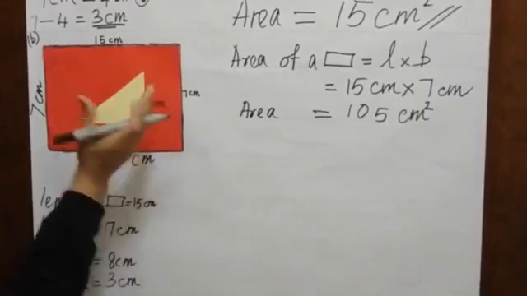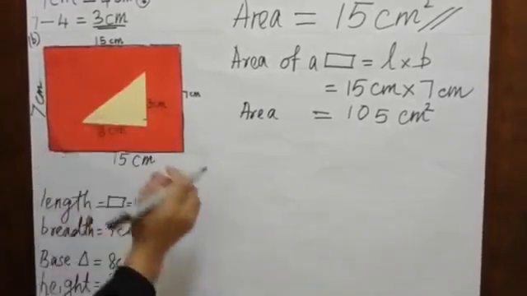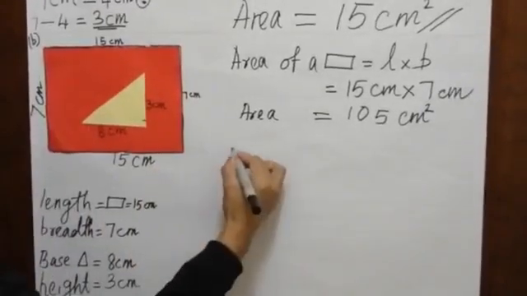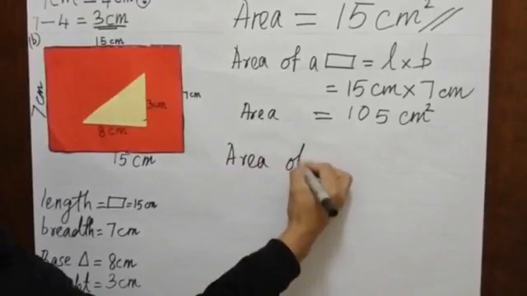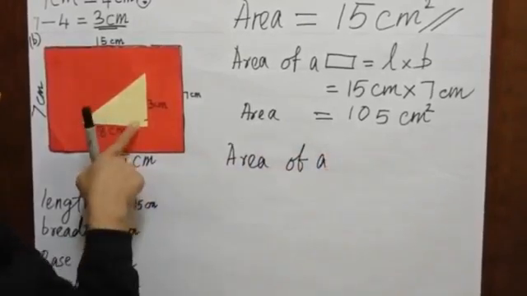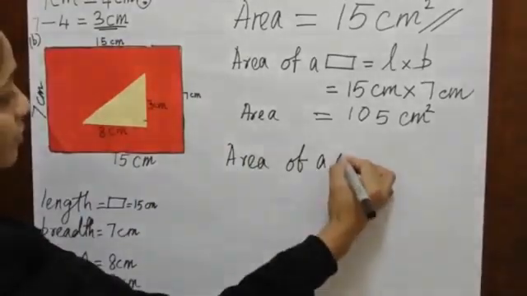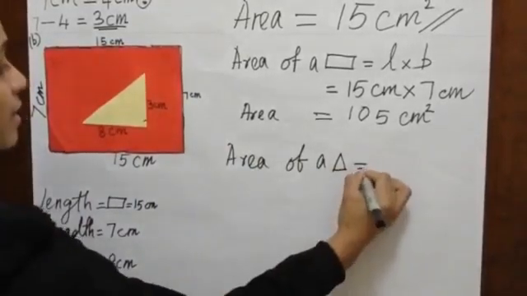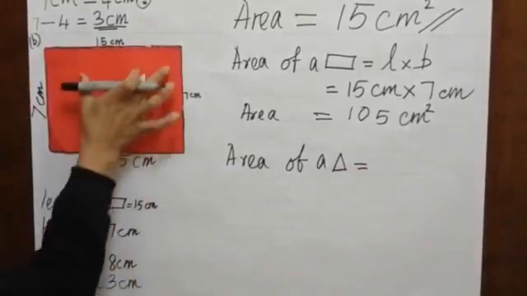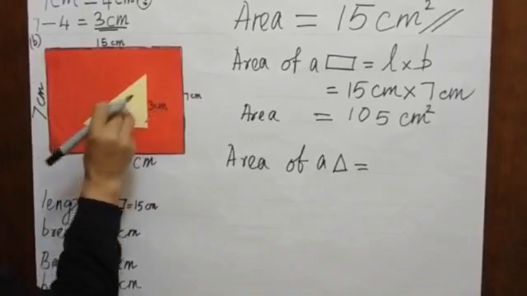Now we have to find out the not shaded part. That means here the triangle. So write the next equation. The area of this shape, this is the rectangle and this is the triangle. Already we found out the area of the rectangle. Now we are going to find out the area of this triangle.